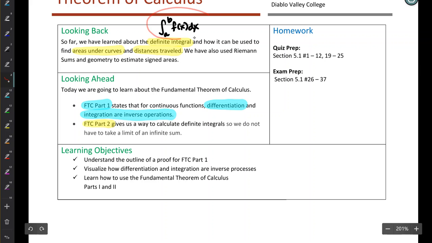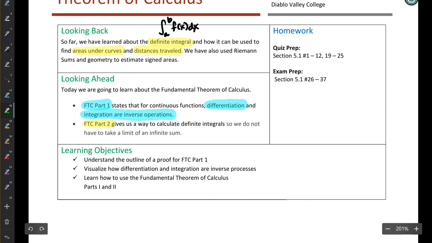Instead of evaluating from the definition as a limit of a Riemann sum, adding up areas of rectangles and taking the limit as the number of rectangles goes to infinity, we're going to evaluate this limit in a very slick way by asking a completely different question.